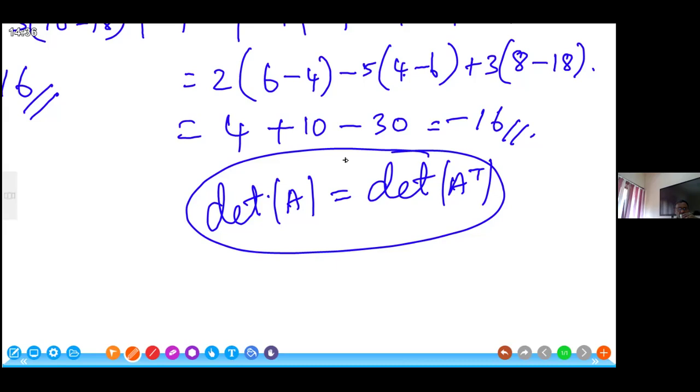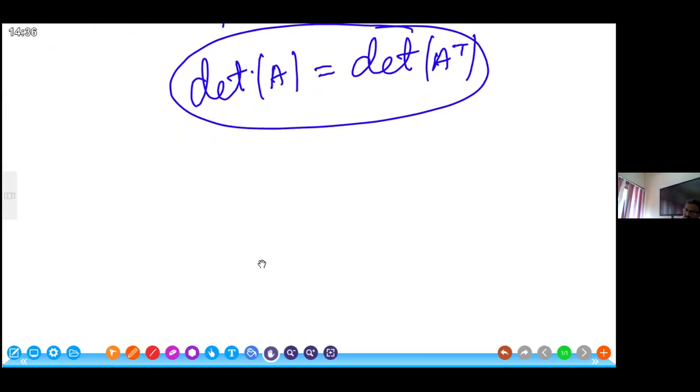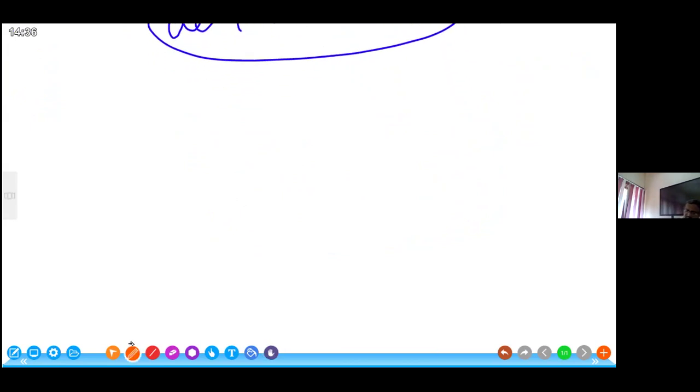Determinant of A is the same as determinant of A transpose. Right, let's look at some of the properties of determinants.